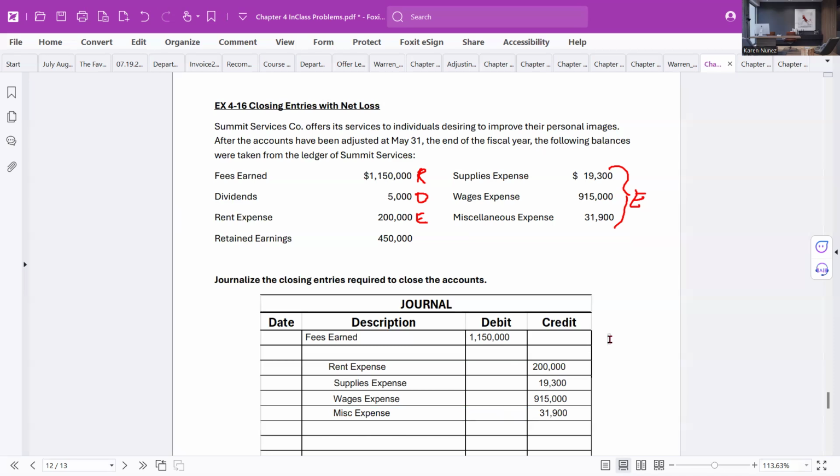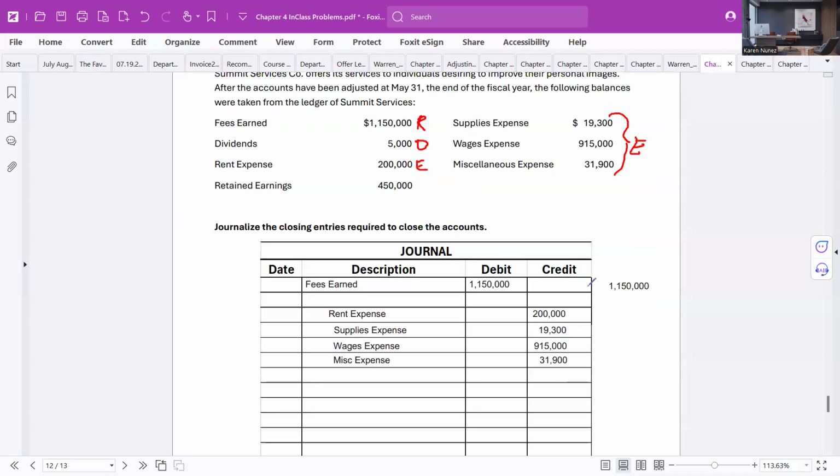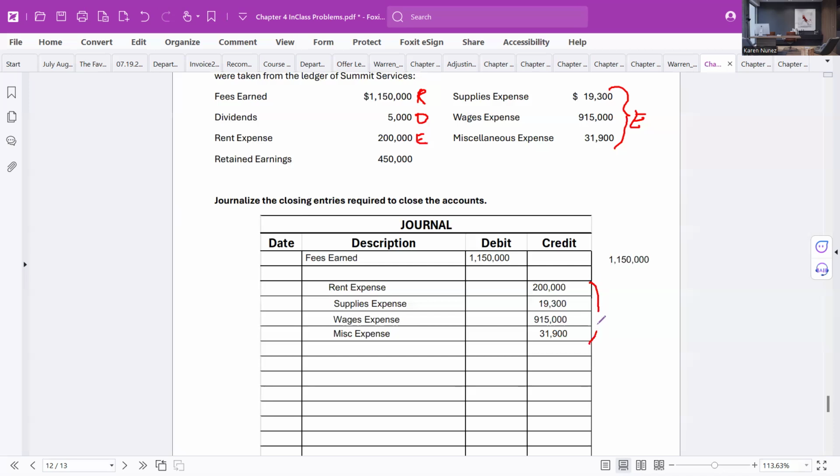So again, we've got $1,150,000 of revenue. And then we've got all these expenses. So we have to summarize all these expenses, right? Add these four numbers. So the expenses total 1,166,200. So what you should see here is we've got expenses that are greater than our revenue.